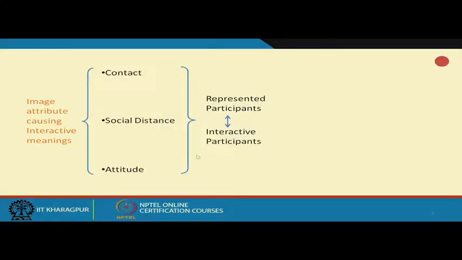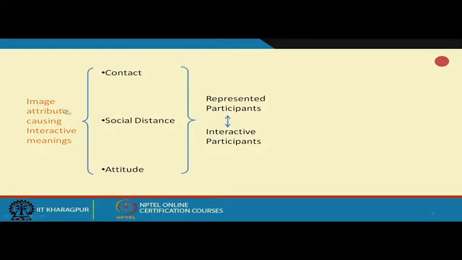Now, when it comes to making images and text, we have to look at one aspect very clearly: the image attribute causing interactive meaning. What is the attribute in that image which causes interactive meaning?